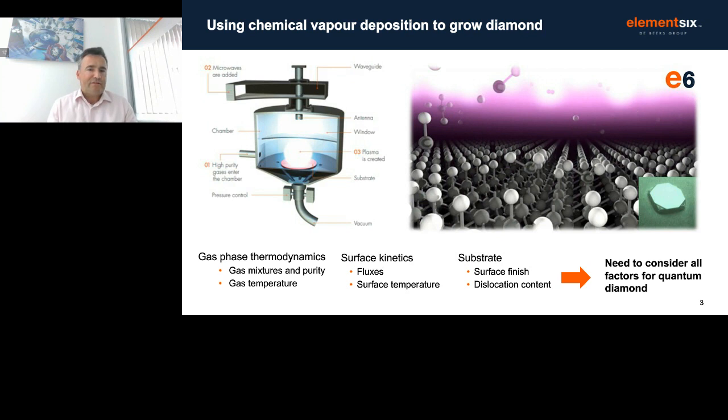It's fair to say for us as material scientists, the requirements of making quantum diamond, the highest purity diamond, have put a huge amount of pressure on us to understand all the interlinked factors: from the power coupling, the gas phase thermodynamics, the surface kinetics, fluxes and surface factors like surface temperature, and even bulk factors like the surface finish, the orientation of the surface, the dislocation content of the diamond we're growing.